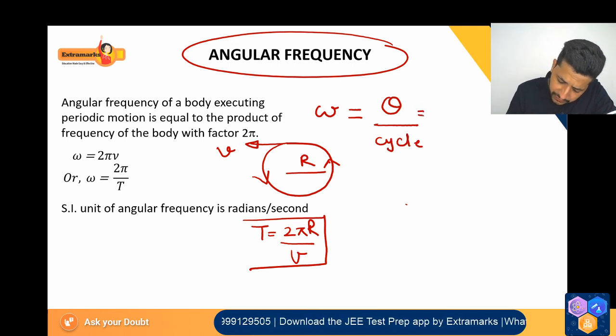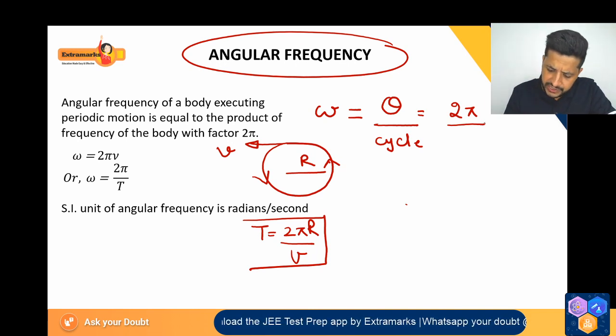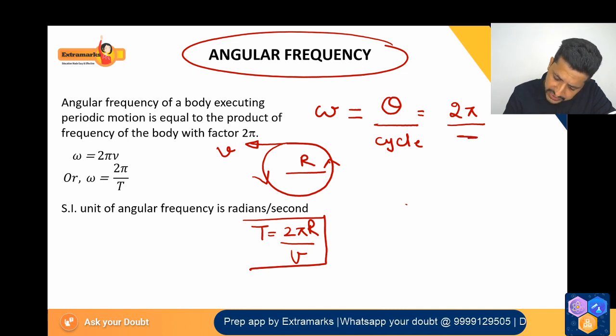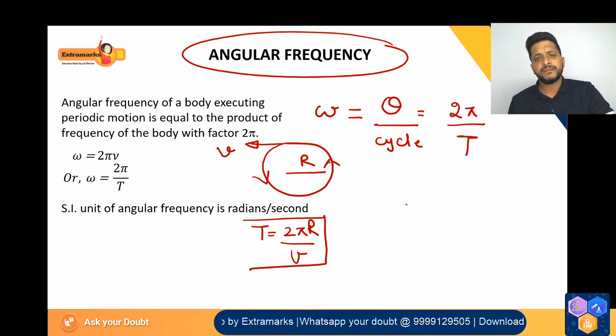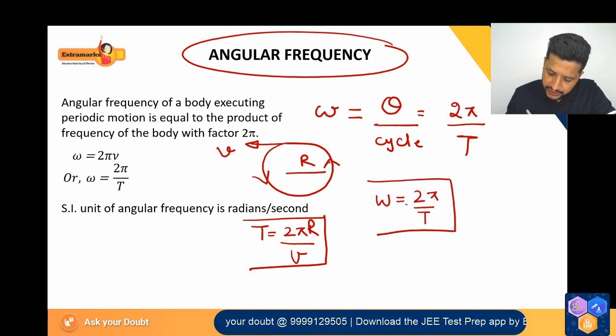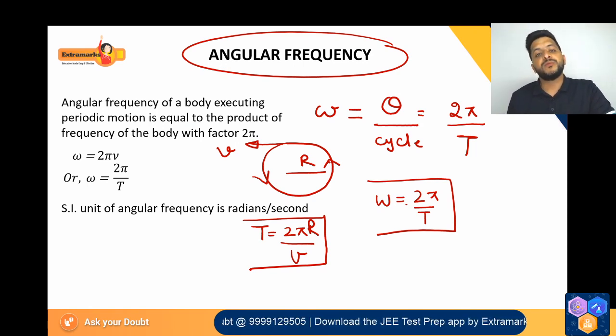In one cycle it covers 2 pi, that is 360 degrees, 2 pi radians. And how much time it takes to cover one cycle is the time period. So angular frequency for this uniform circular motion will be 2 pi by T.